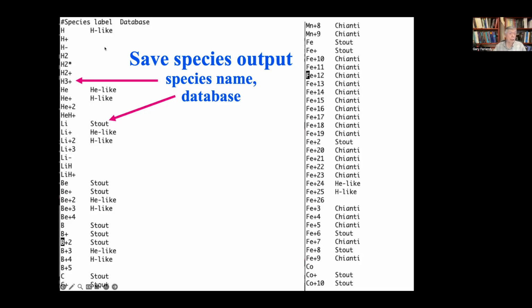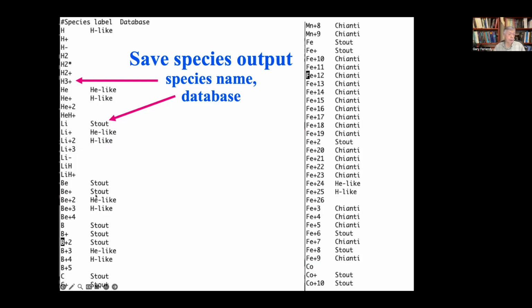And then the second column in each gives the database that we're going to use to treat emission from that ion. So you'll notice many of these, for instance, these molecules, H3 plus, H2 plus, don't have a database here. That means there's no existing model of the internal structure. But for many of these, there is a model.